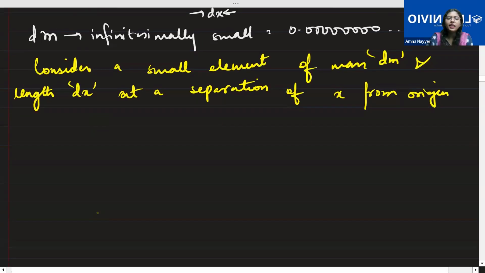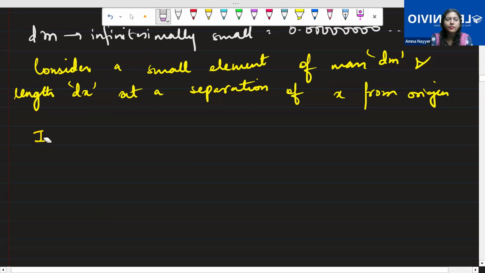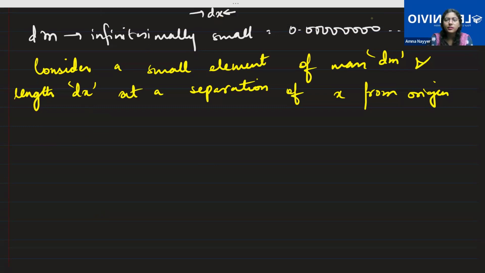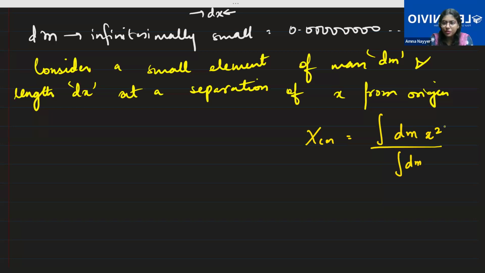The formula for the moment of inertia, center of mass, is cm equal to integral of dm x square, divided by integral of dm. Let us solve the upper portion first.